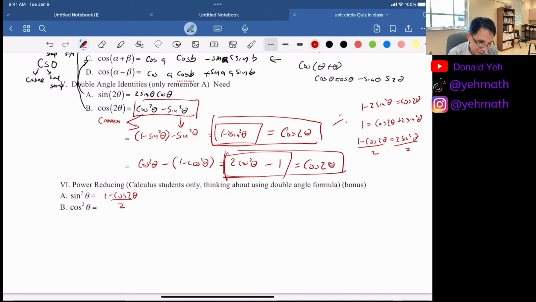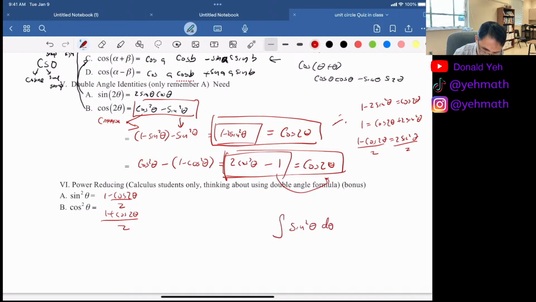The second one, you're going to do the same thing, except it's easier because you just move the 1 to the other side. So it'll be 1 plus cosine 2 theta over 2. This is very useful later on, and I will actually show you how to do it here.